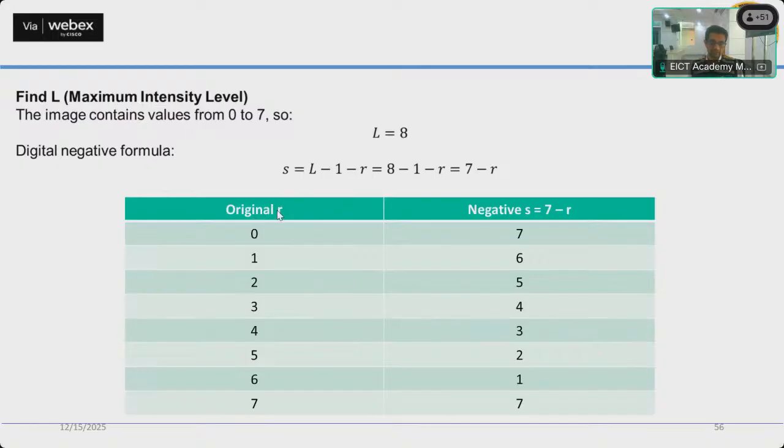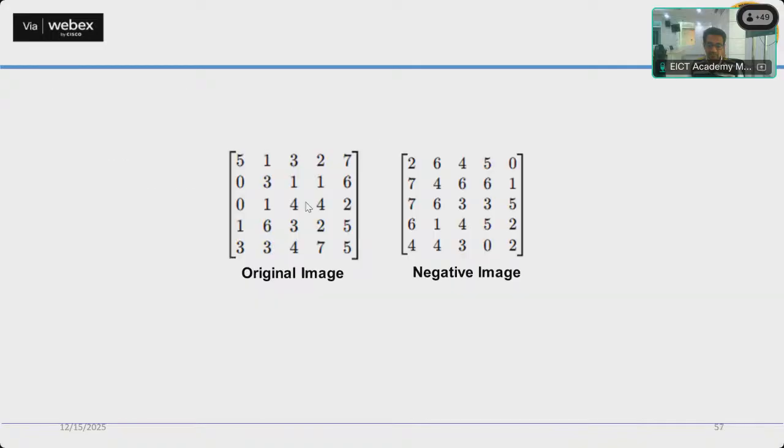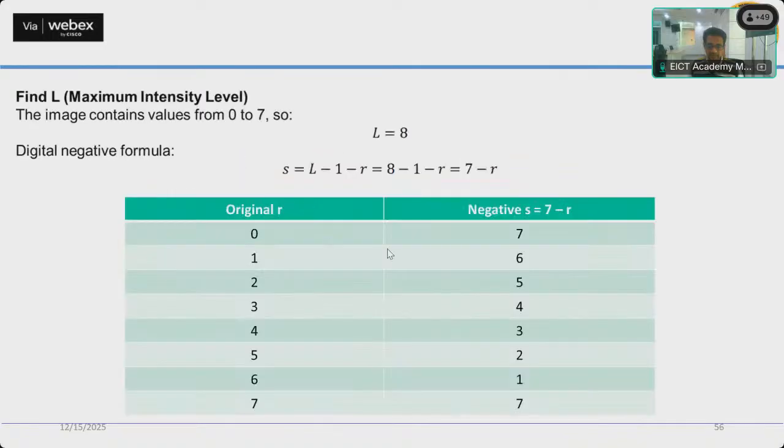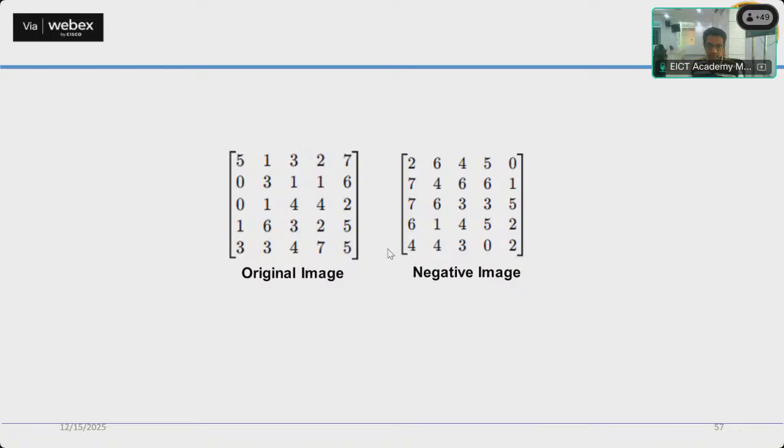Whatever the highest value is, we compute L minus 1 minus r. When you calculate this, you get s. If you recall, s equals T of r, but here the operation is negative. This way we will be able to calculate the image. The original image is this one, and this is the negative image.